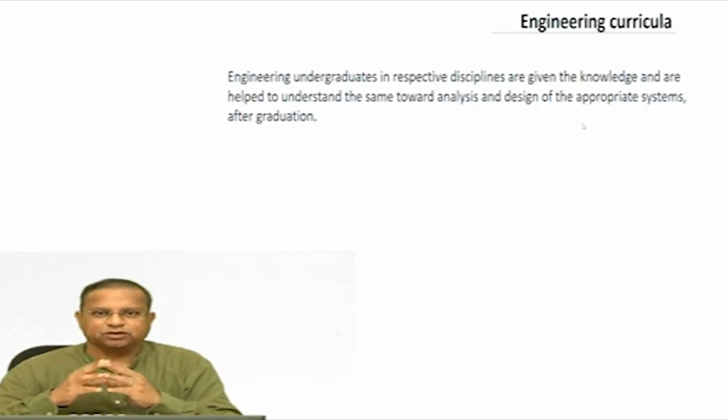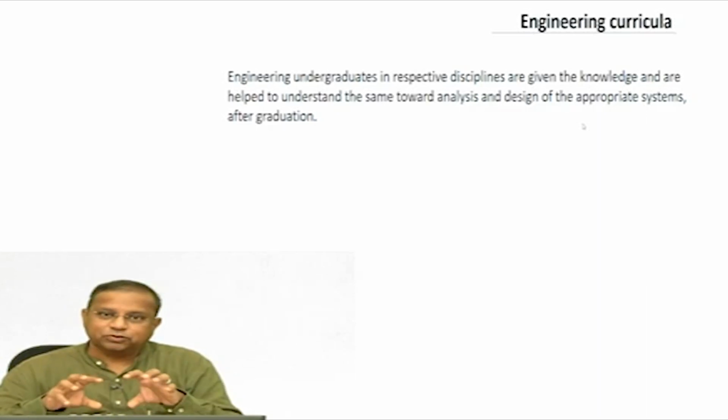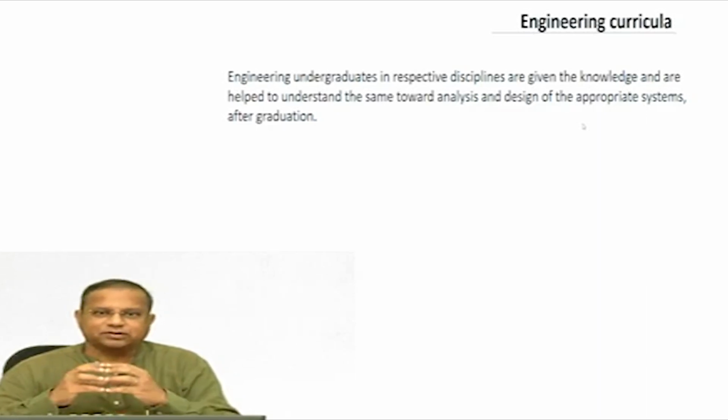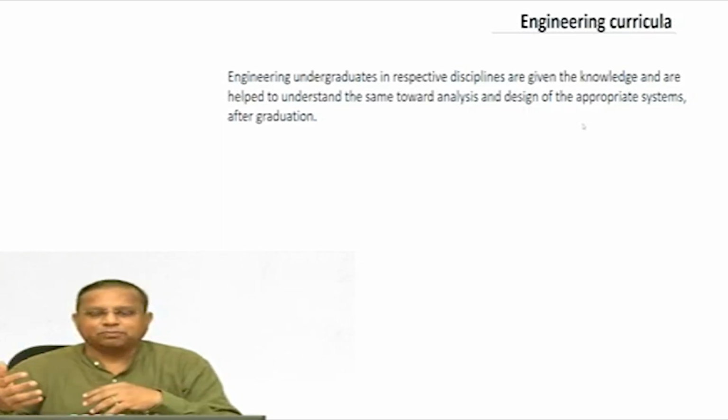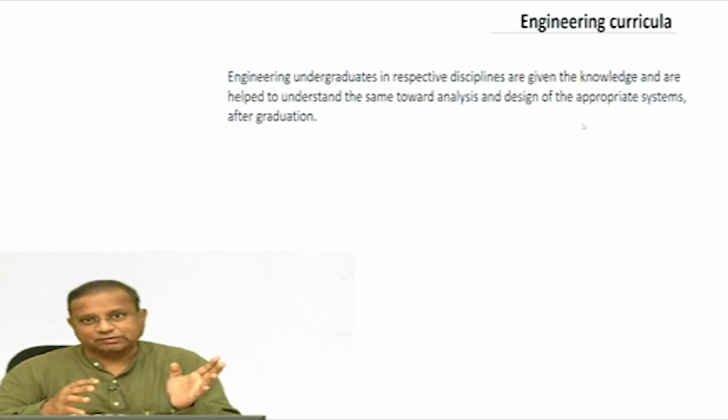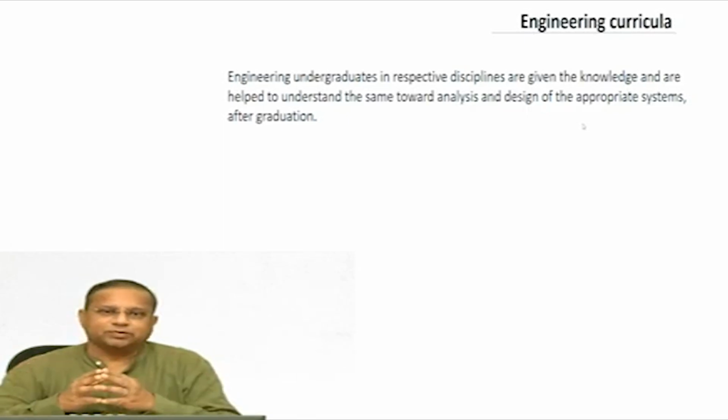We provide you with the knowledge, or you pick it up from the various sources, and then we help you understand the knowledge. I think that's where our main contribution comes in. And this understanding will help towards analysis of systems and operation, design first and then operation of the appropriate systems.